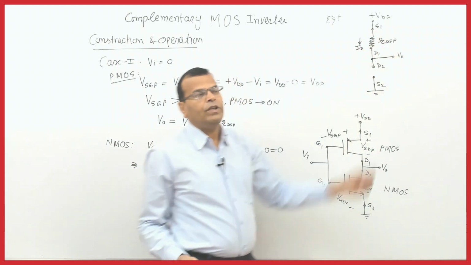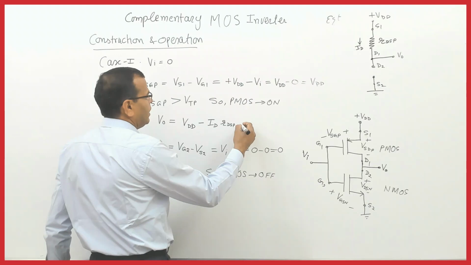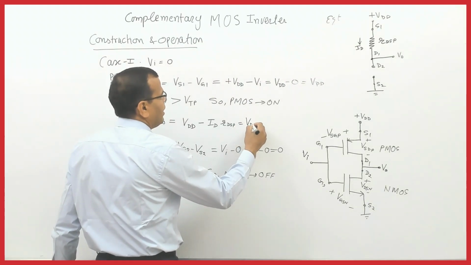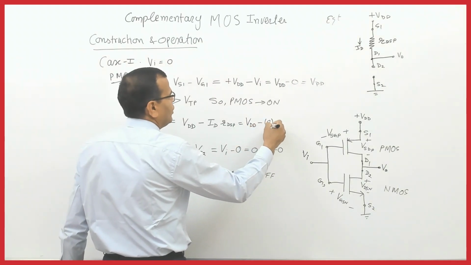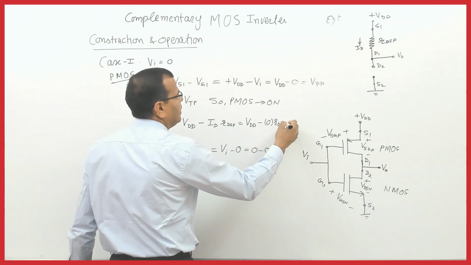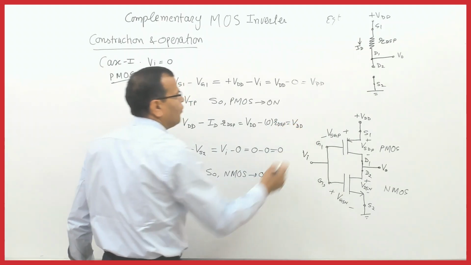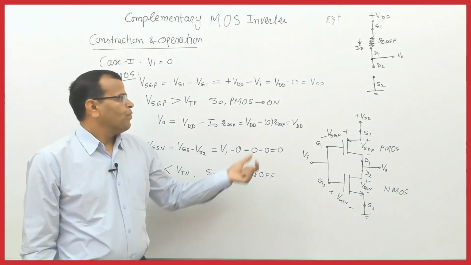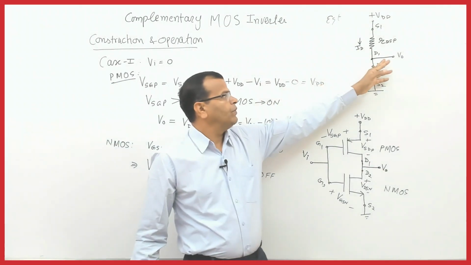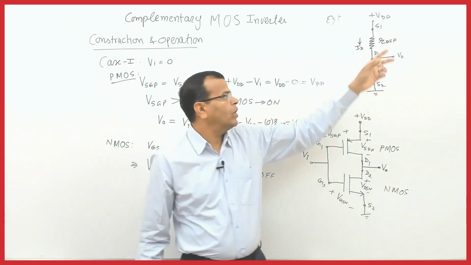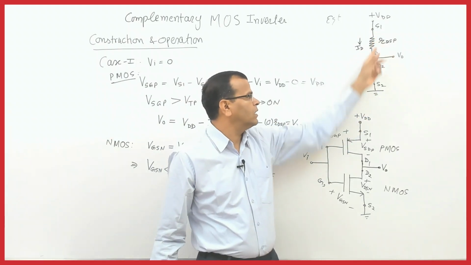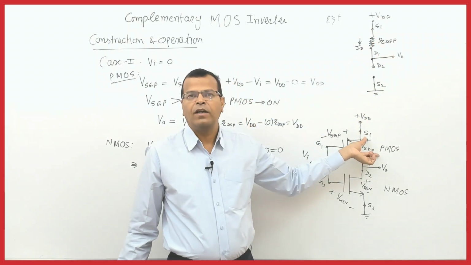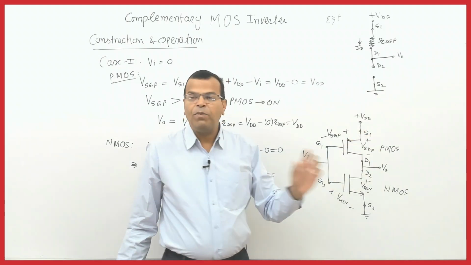That will be equal to VDD. So VDD minus 0 into RDSP is equal to VDD. Fine. So your output voltage will be equal to VDD. What is the drop across this? This is PMOS. So the drop across PMOS is 0.